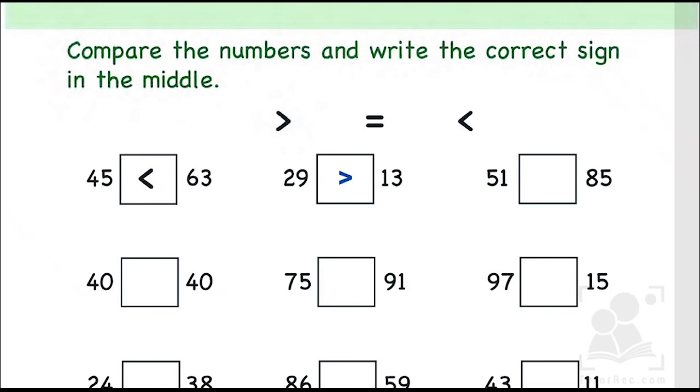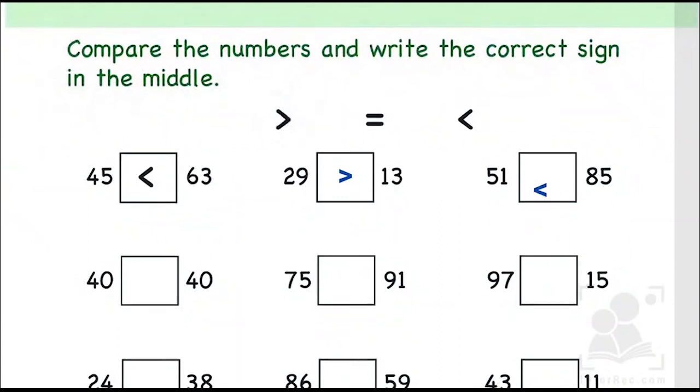So we can say 29 is greater than 13. Now here we have kept the open side towards 29. Next is 51 and 85. So 51 is less than 85. So we will keep the close side towards 51, as 51 is less than 85.